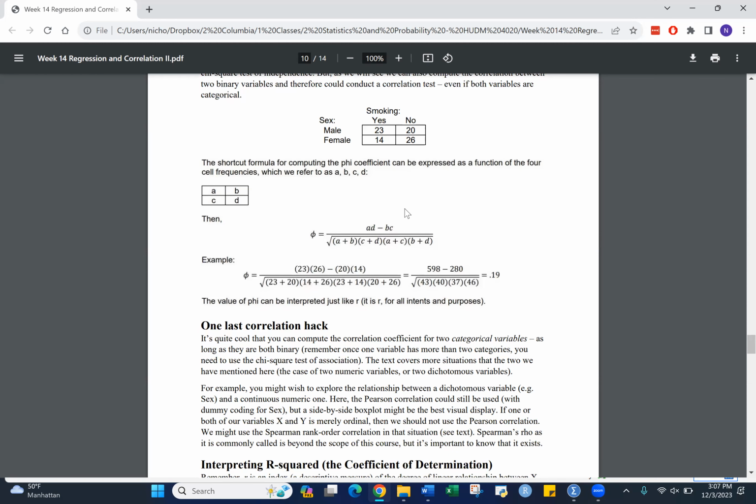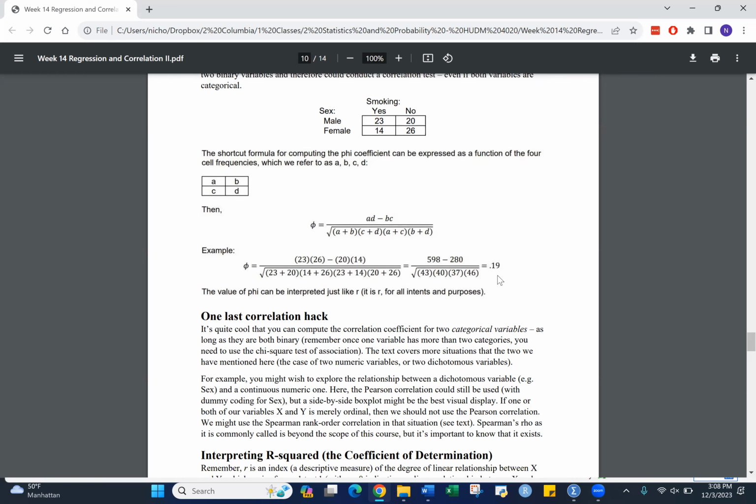Okay, and so the phi correlation turns out to have this little formula. If you have 2x2 cells and you label them as A, B, C, D, the phi coefficient has this little shorthand formula: A times D, so you can see that's 23 times 26, minus B times C, 20 times 14. And if you go in and you keep plugging in stuff, you can use that shorthand formula to get out your correlation.